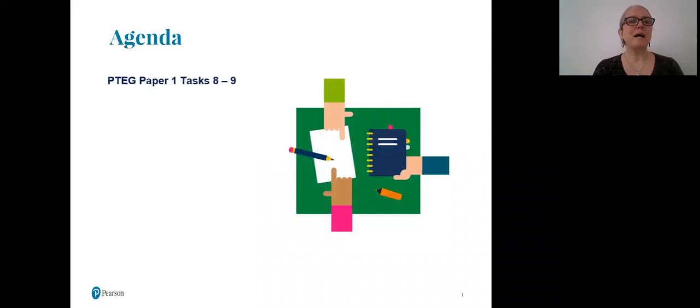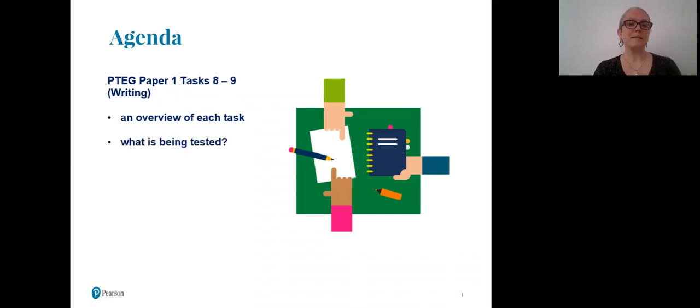So our agenda today is to look at tasks 8 and 9, the 2 writing tasks. They're very different, so I'm going to be providing an overview of each task. We'll consider what's being tested, and we'll look at how it's marked.